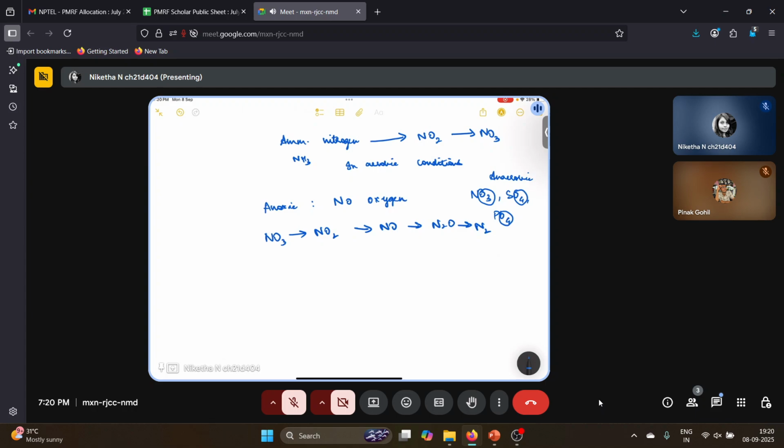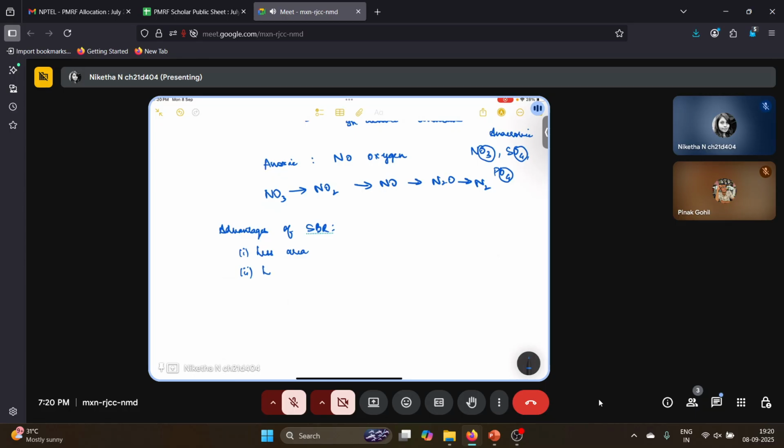So there are some advantages of the sequential batch reactor. The area requirement is less, the initial cost is also less, and power requirement is also less.